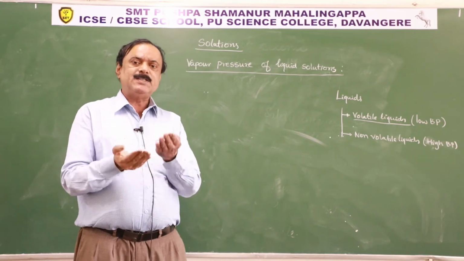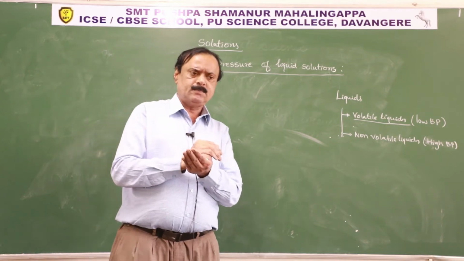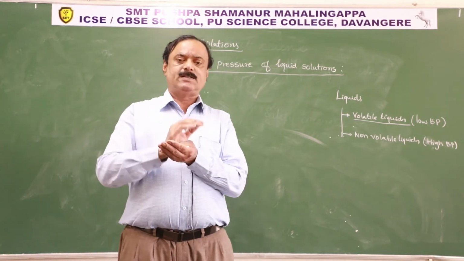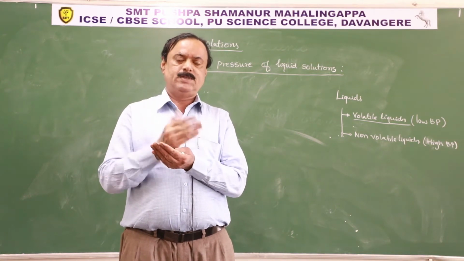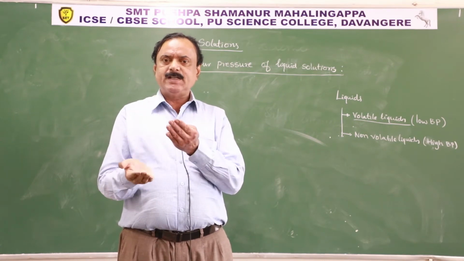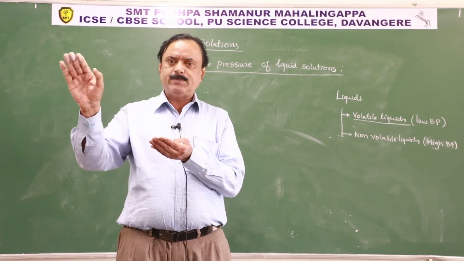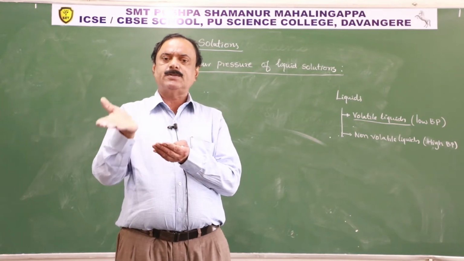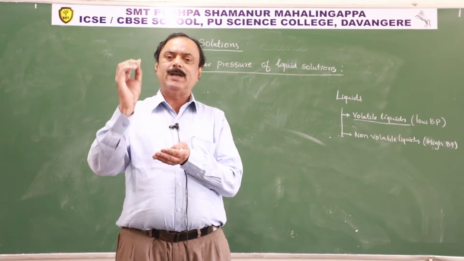Low boiling point means which undergoes easy vaporization. For example, organic liquids like ethanol, acetone, your petrol and diesel. These types of liquids, when they are exposed to atmospheric air at laboratory temperature, undergo vaporization. These types of liquids are called volatile liquids.